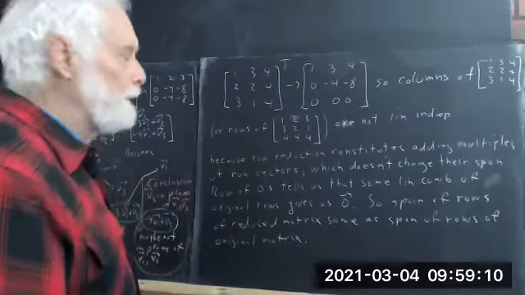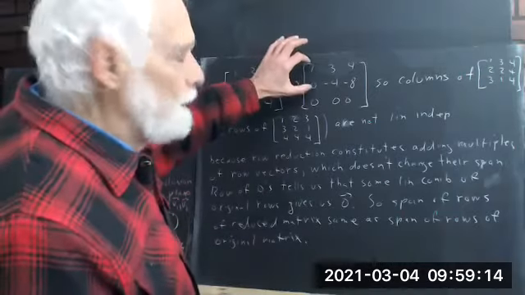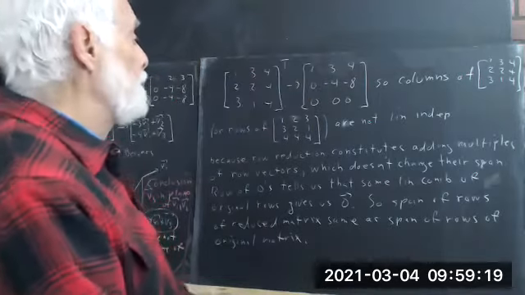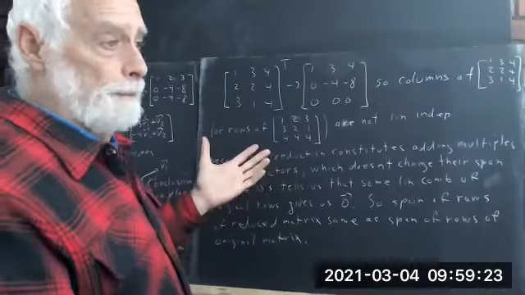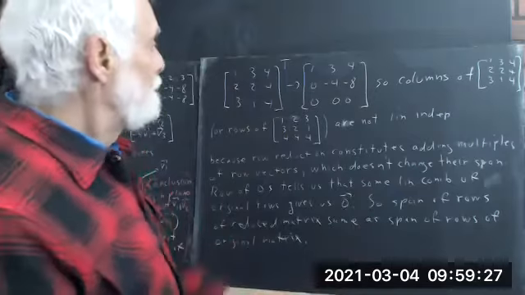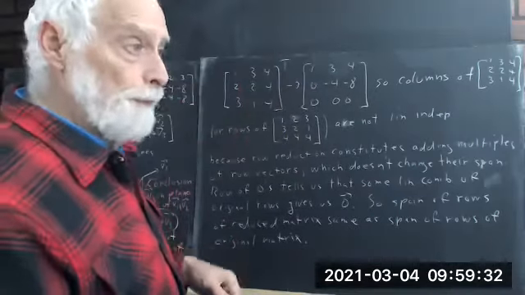In the case of the example, well, the span of this matrix is just a plane. Span of these rows is just a plane in R3. We're in R3 because these vectors all have 3 components.